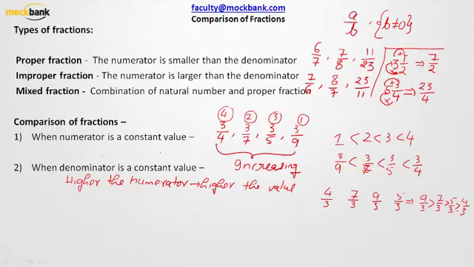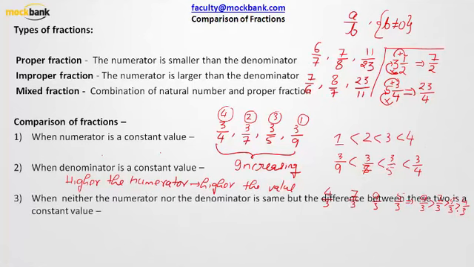So we have taken care of these two cases where the numerator is a constant value and where the denominator is a constant value. Now I'm going ahead with the third type of comparison, where neither the numerator nor the denominator is the same, but the difference between the two is a constant value. Say I have 6 over 7, 5 over 6, and 8 over 9.